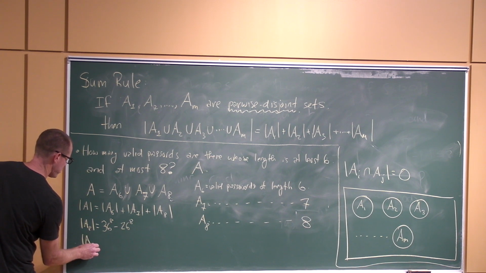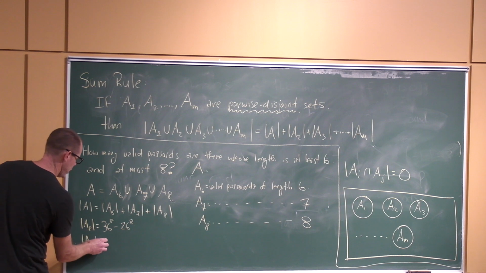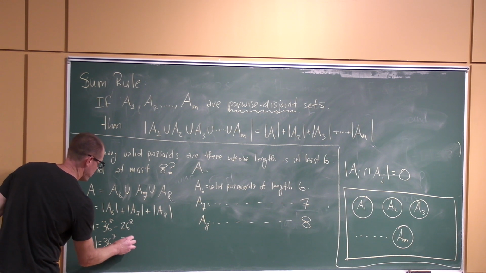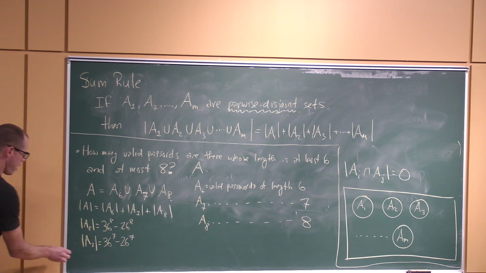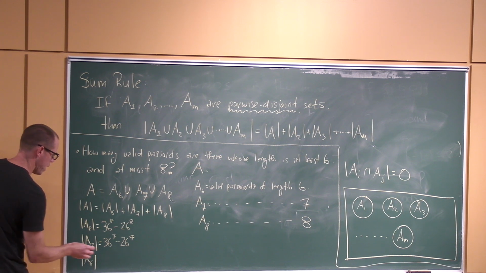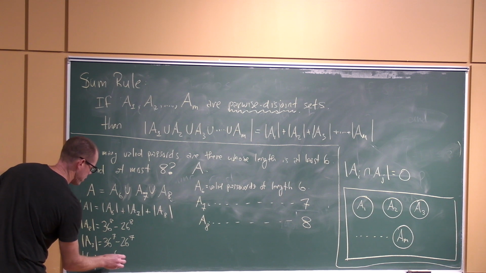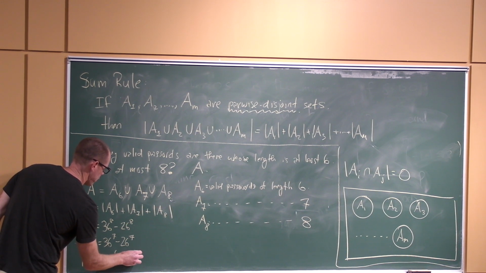I don't think it's a big stretch then to compute the size of A7 to be 36 to the 7 minus 26 to the 7. And nor is it a stretch to compute the size of A6, the number of passwords of length 6, to be 36 to the 6 minus 26 to the 6.